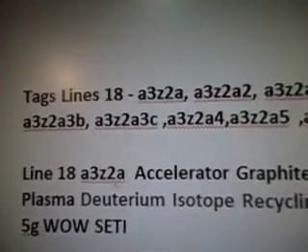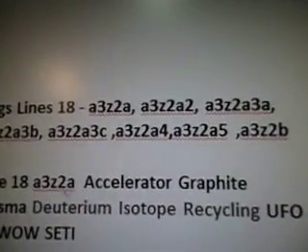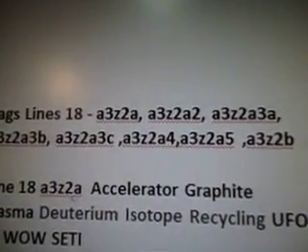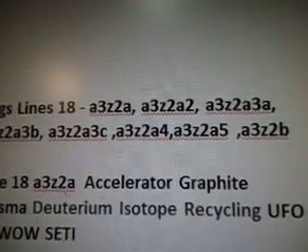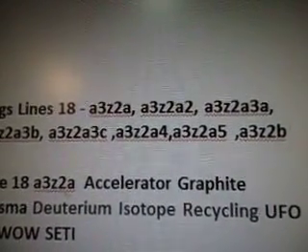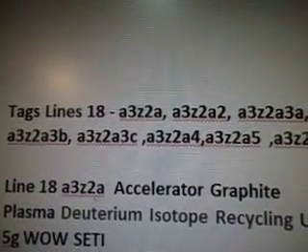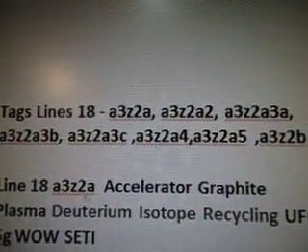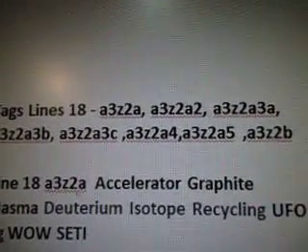But these are the tag lines for 18, and there's how I've done the numbering. I've had AZ32A and then 2A2, because 2A and 2A2 go together. Then 2A3A, and then there's 2A3B. Again, those are separate. And then 2A3C, 2A4, 2A5, and 2B.